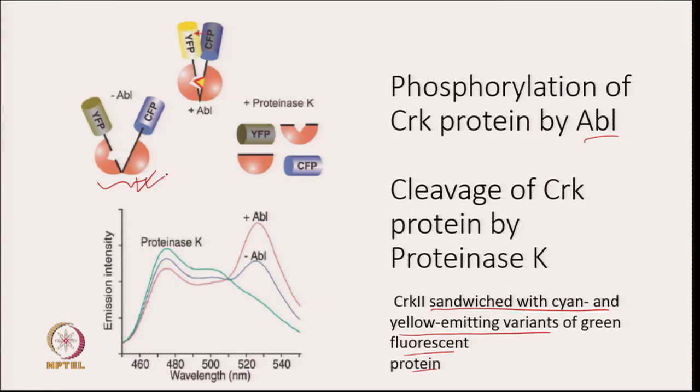This is the structure when ABL is not present. If ABL is present, then the interaction will take place, phosphorylation happens, and this distance will decrease, and there will be FRET.